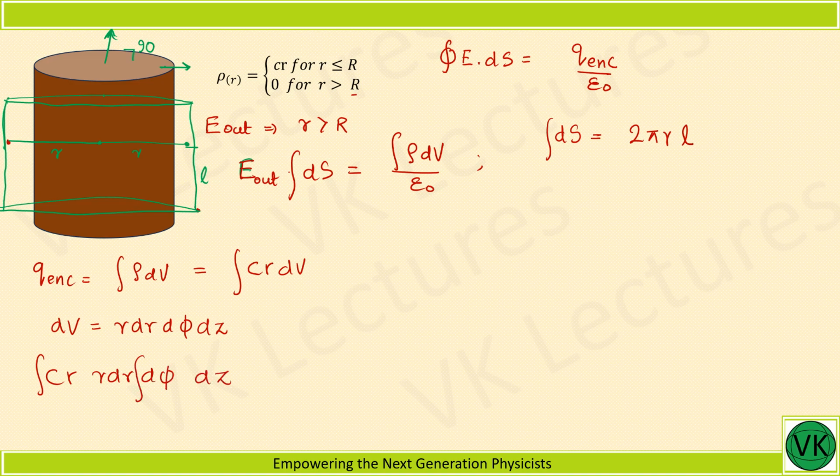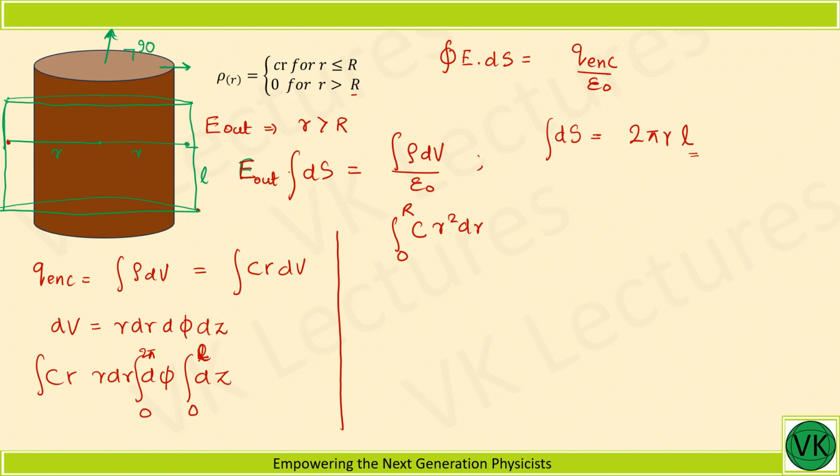Now d phi has limits from 0 to 2 pi, and dz has limits from 0 to L, where L is the length of the cylinder. Integrating this, what we get is integral C r square dr, with the integral from 0 to capital R.